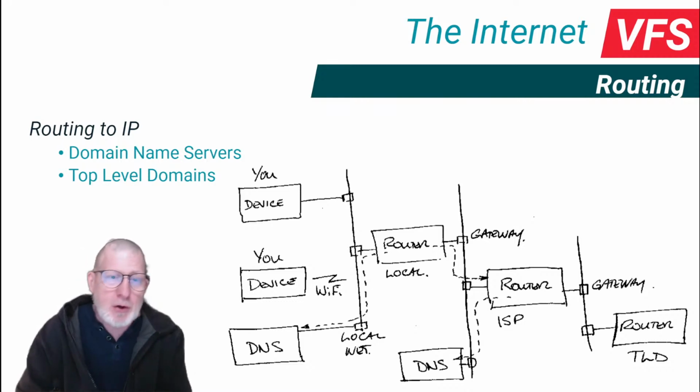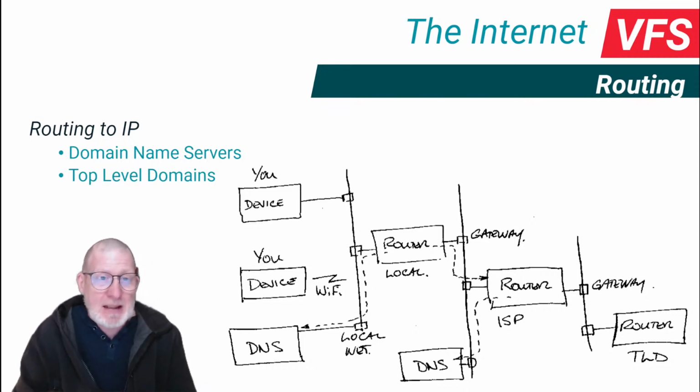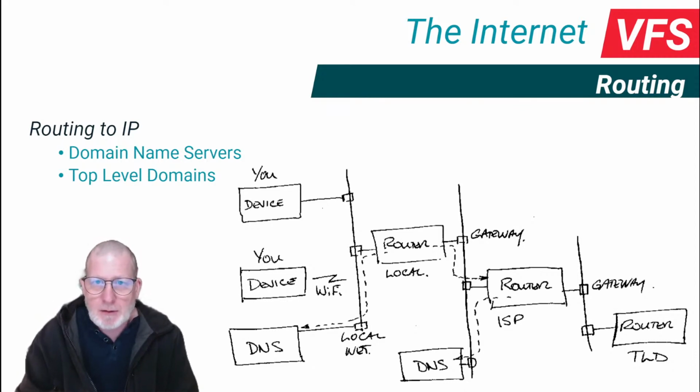That router on your network, that block in the middle here that says local behind it, that has a gateway. That gateway is a single internet address that identifies the router in your internet service provider. That router in your internet service provider has access to what we call a domain name server. The domain name server is the thing that looks up, hey, google.com, what IP address is that?